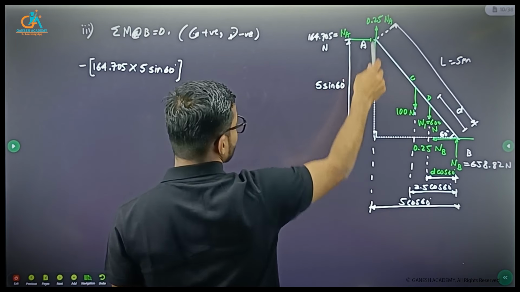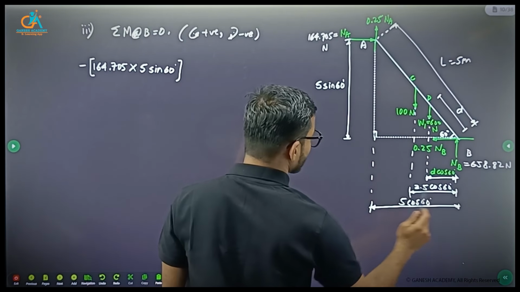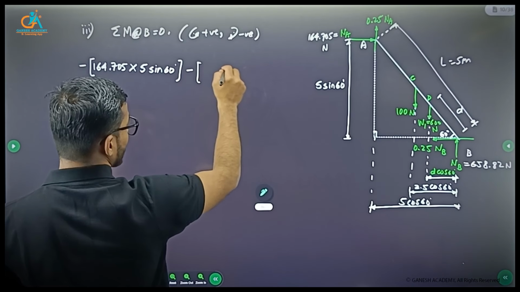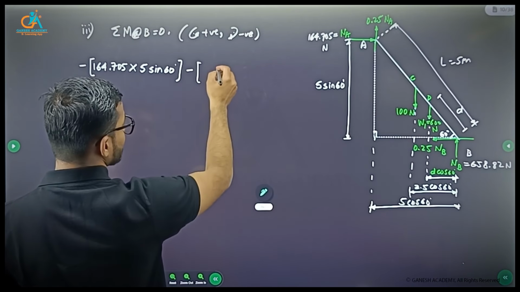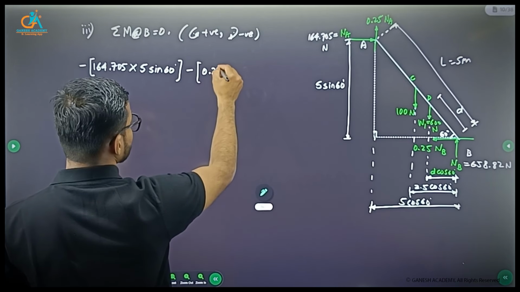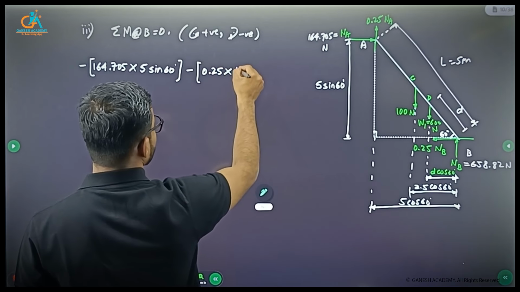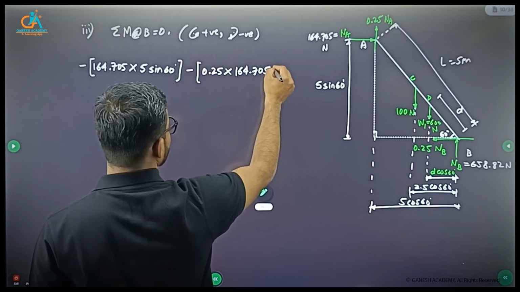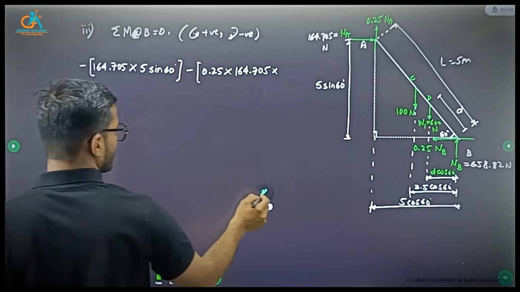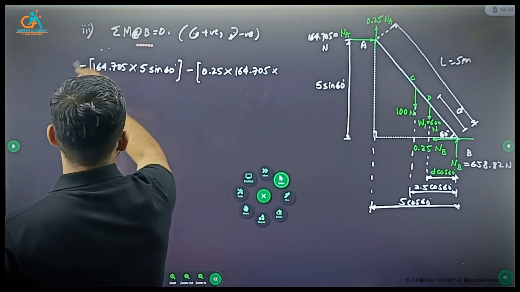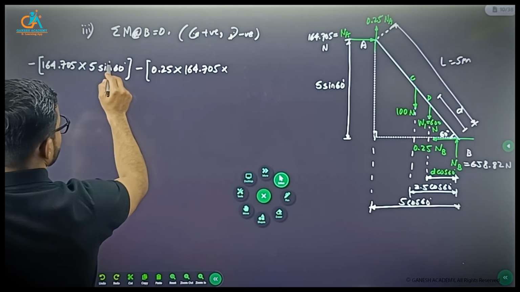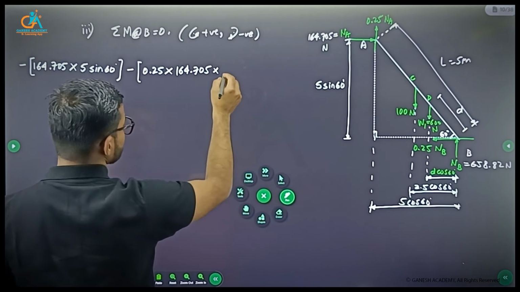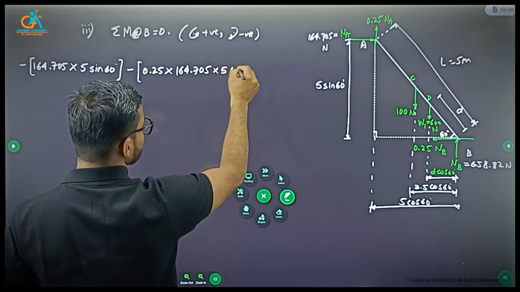Then for this 0.25 NA perpendicular distance is 5 cos 60. Clockwise sense, so negative. So 0.25 NA is 164.705 into distance, distance is 5 cos 60.